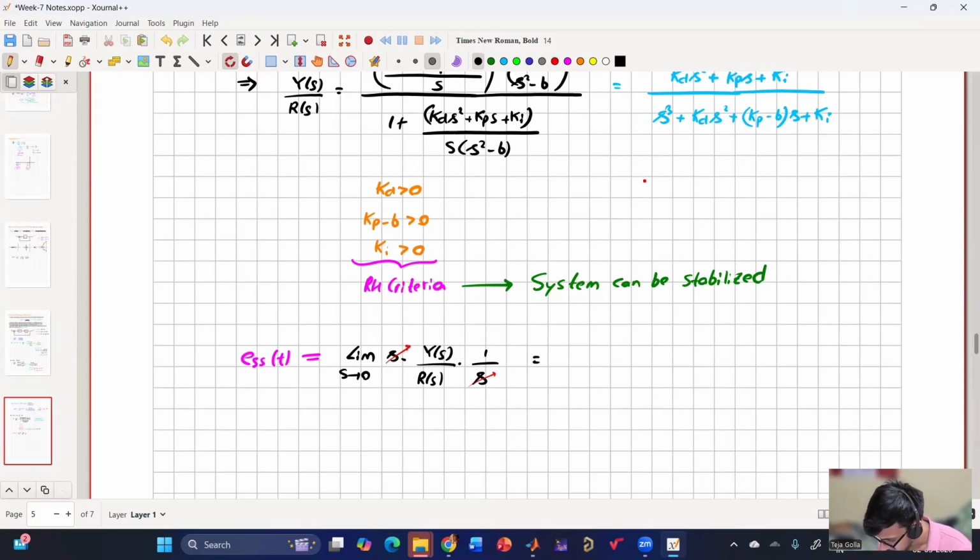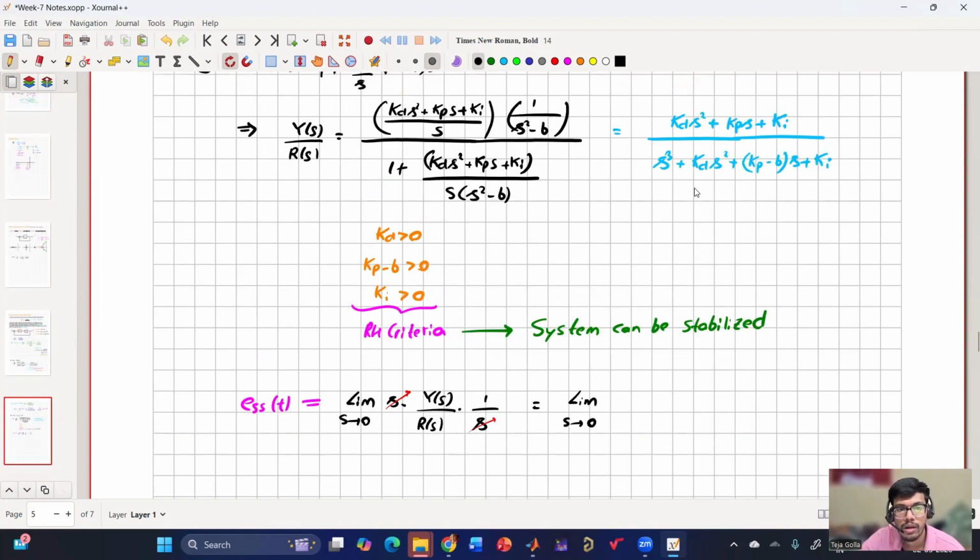So we'll have limit s tends to 0 of Kd into s square plus Kp into s plus Ki by... Actually, this is not error.